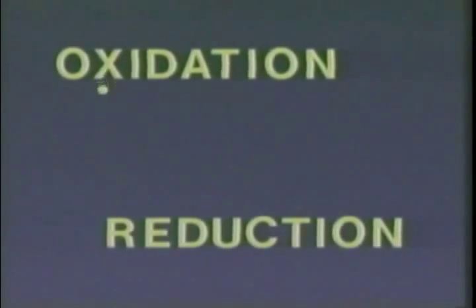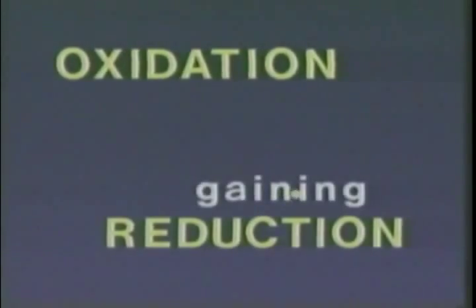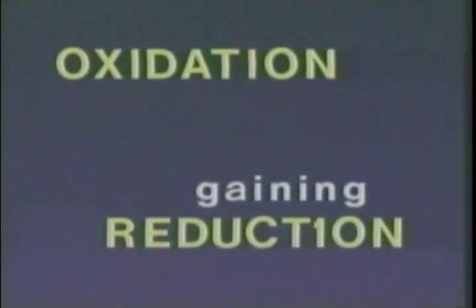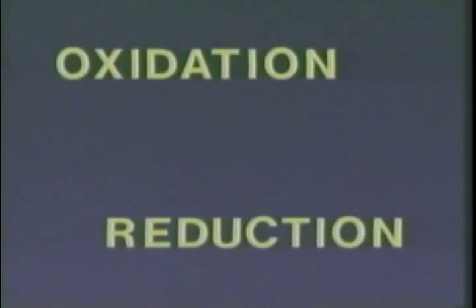Both oxidation and reduction must occur in order for the electron transport system to function. Each time one of the electron carrier molecules loses an electron, it is said to be oxidized. And the electron carrier that gains the electron is reduced.